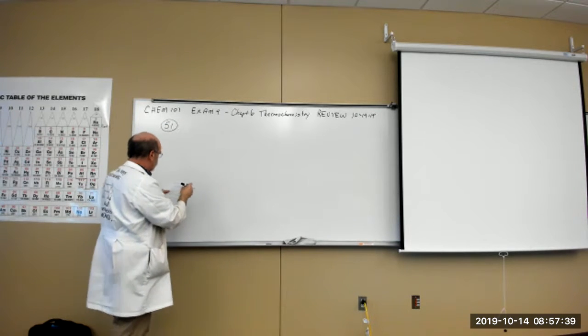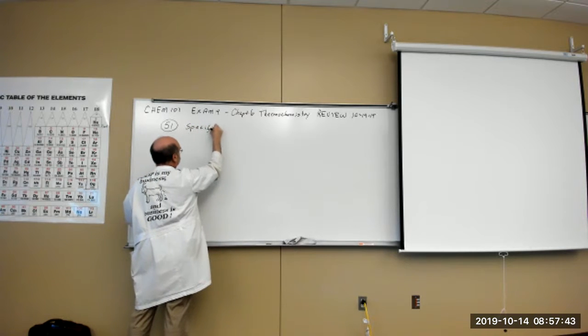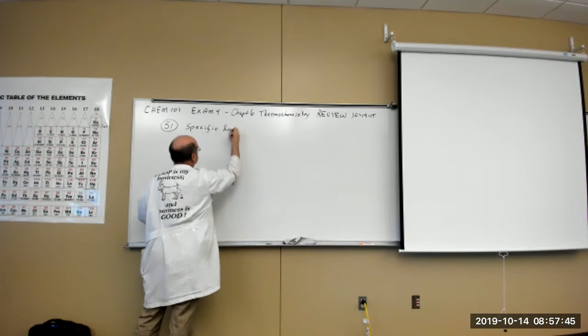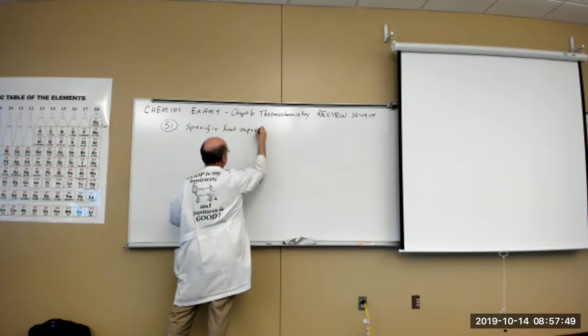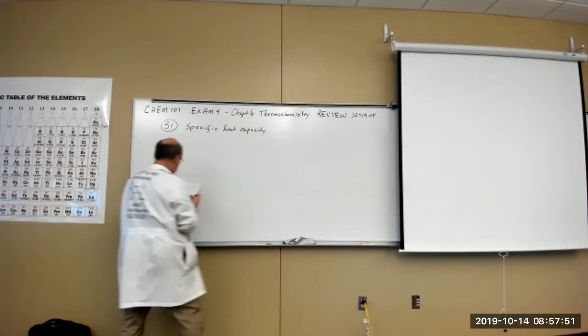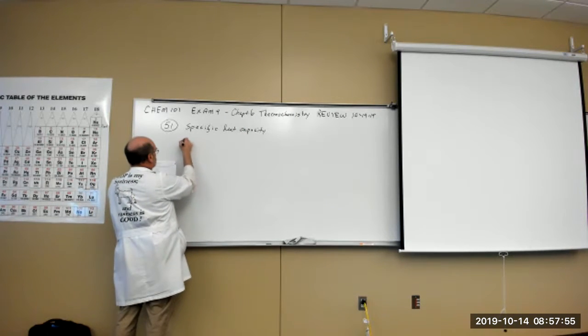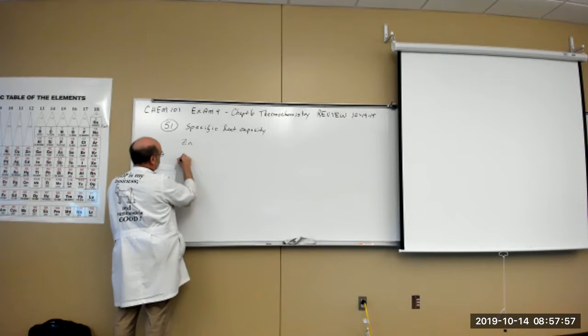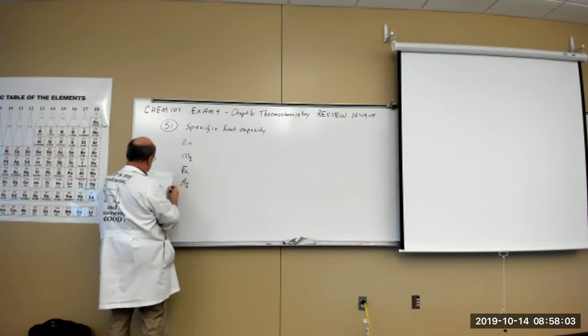So this is talking about the specific heats, or specific heat capacity to be correct, of these metals. So we've got zinc, magnesium, iron, silver, and lead.